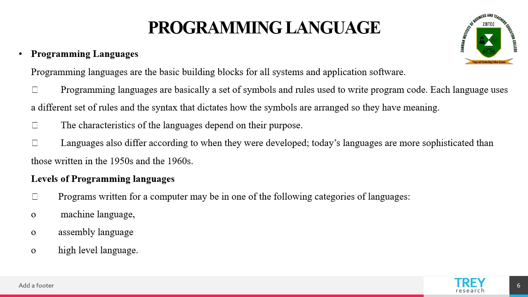Programming languages are basically a set of symbols and rules used to write program code. Each language uses a different set of rules and syntax that dictates how the symbols are arranged so they have meaning. The characteristics of the languages depend on their purpose. Languages also differ according to when they were developed.